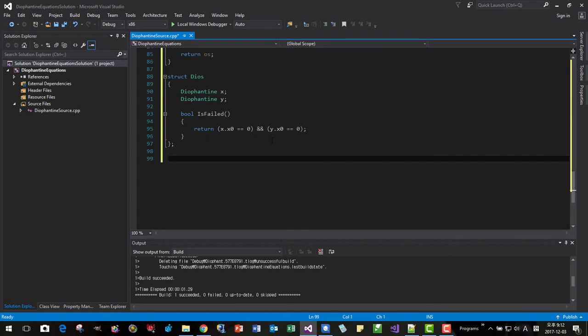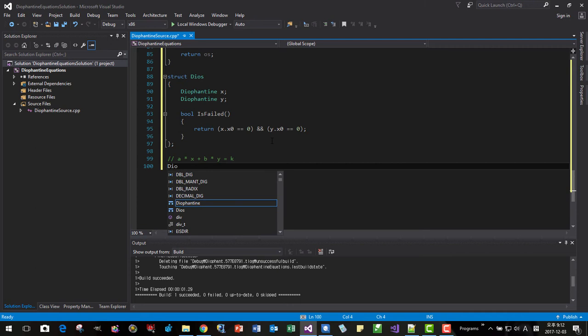Another thing, now we are solving the Diophantine equation a times x plus b times y equals k. Okay, so it returns dios. We return this structure. You will soon see Diophantine with int a, int b, then int k.